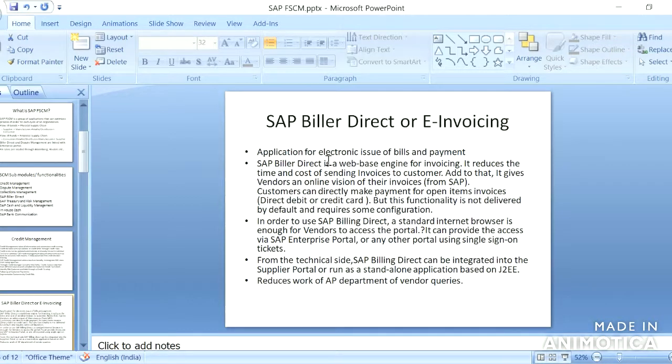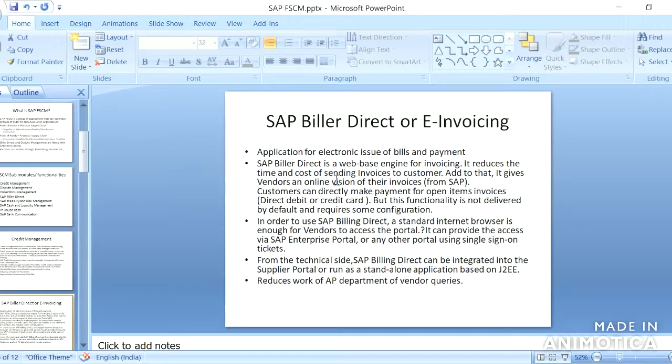SAP Biller Direct is a web-based engine for invoicing. It reduces the time and cost of sending invoices to the customer.